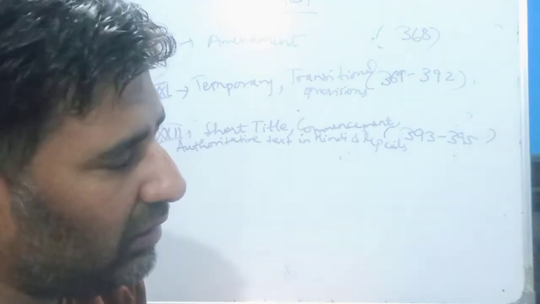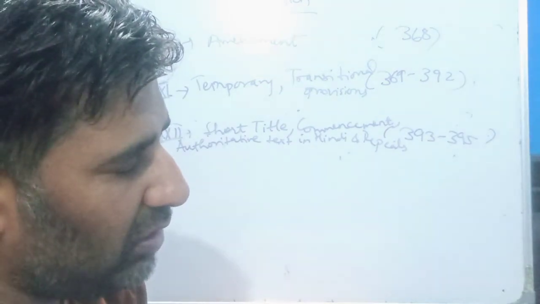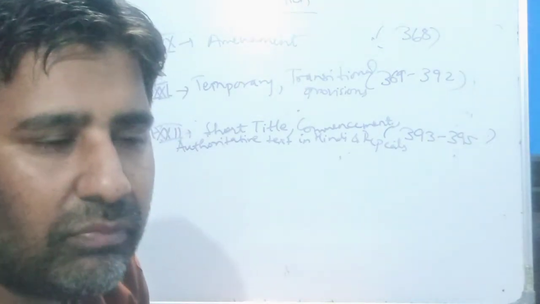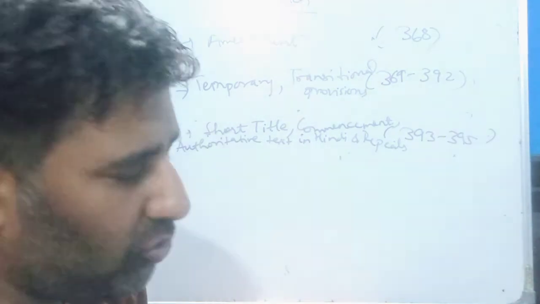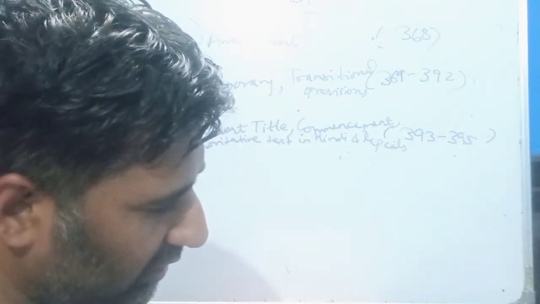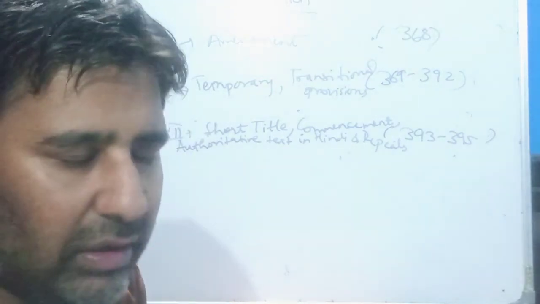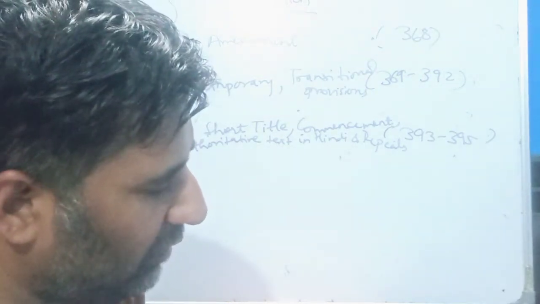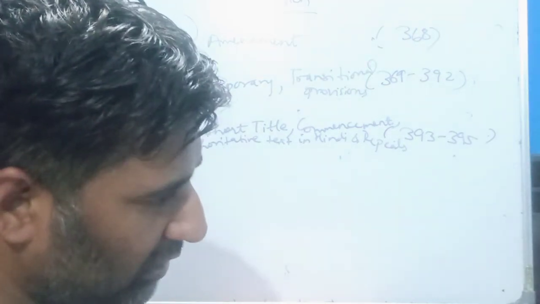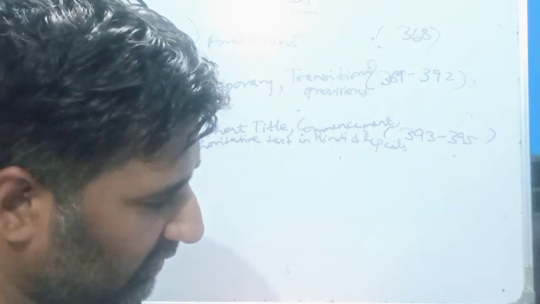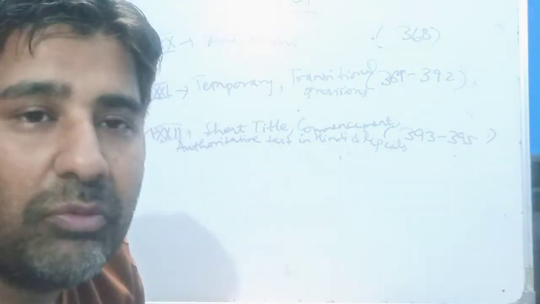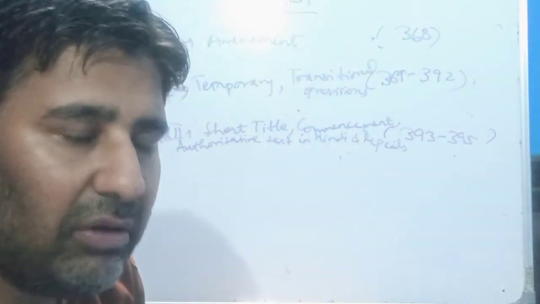Part 11, which is relations between union and states, that is also important. Then part 12 is not important. Part 13 is important, freedom of trade. Then part 14th is important. Part 14th A is tribunals. Part 15 is elections, important. And part 18 finally emergency provisions are important. So these are the parts which are important.